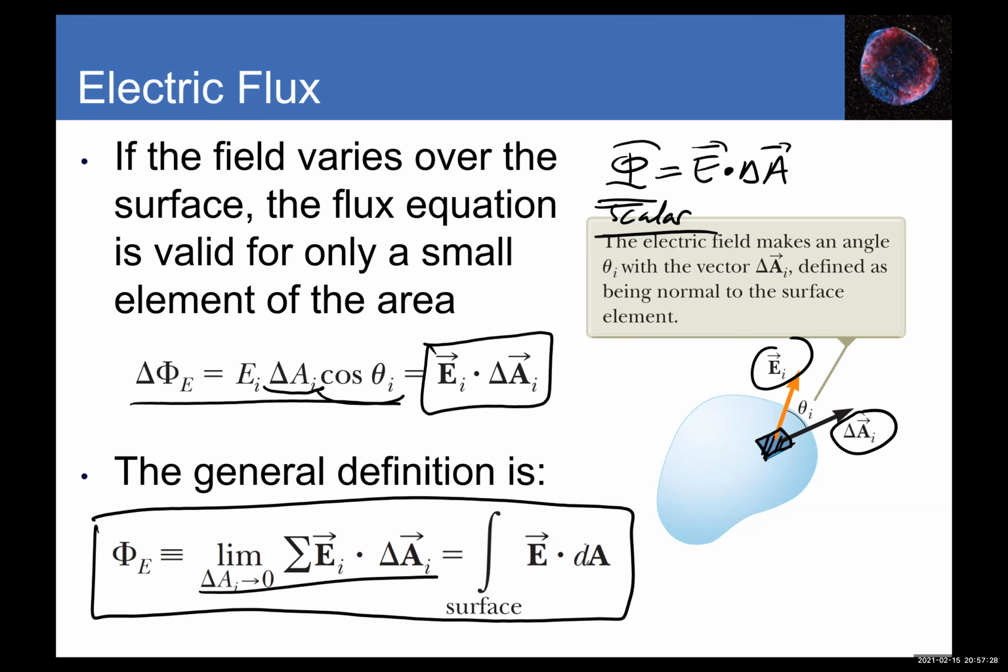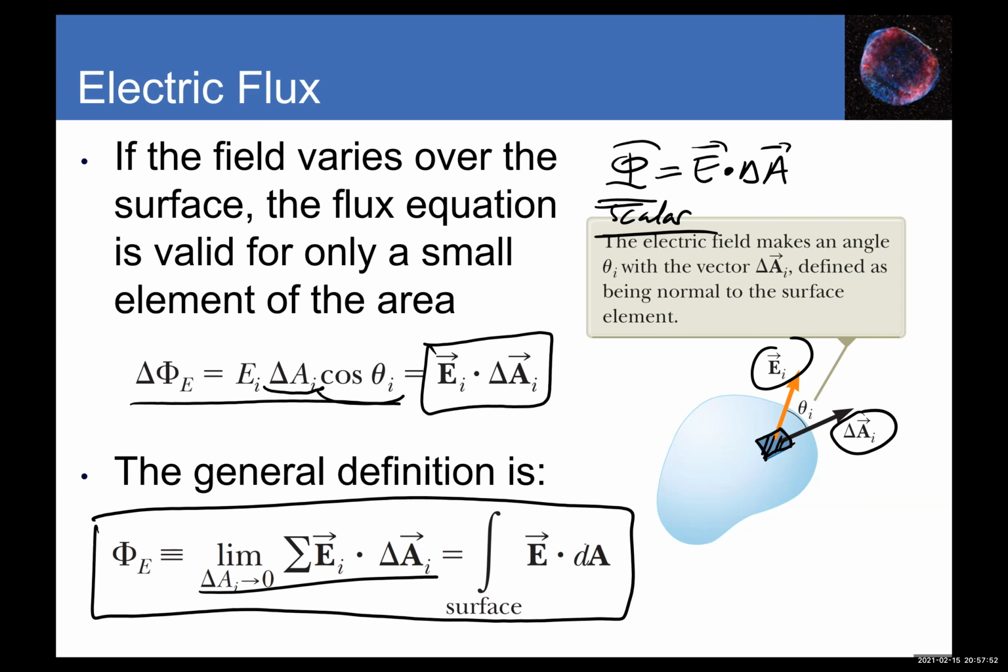Now, one thing we can see here is if I'm calculating the electric flux, this is flux for surface 1, plus flux for surface 2, plus flux for surface 3, plus dot dot, all the way to flux for surface 6, since I have faces 1, 2, 3, 4, 5, and 6.